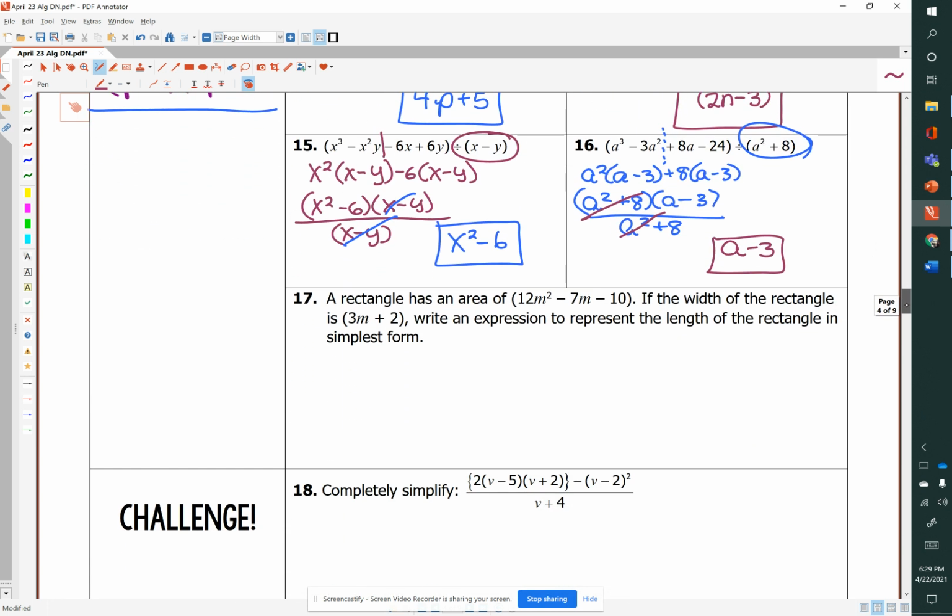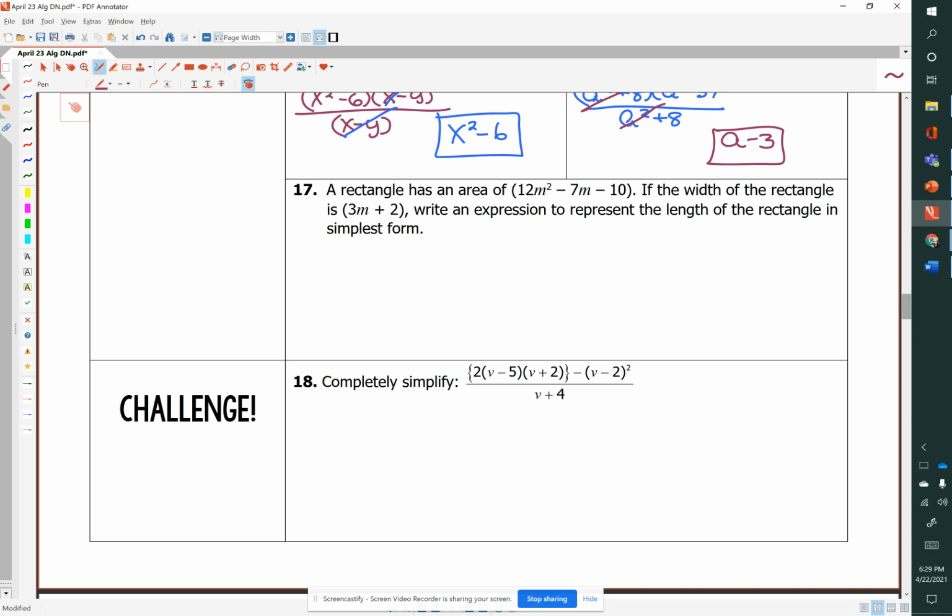Okay, so now this next one is not as hard as it appears to be. A rectangle has an area of 12m squared minus 7m minus 10. If the width of the rectangle is 3m plus 2, write an expression to represent the length of the rectangle in simplest form.